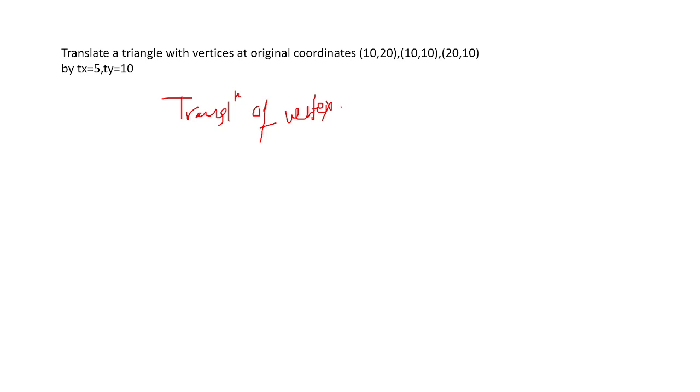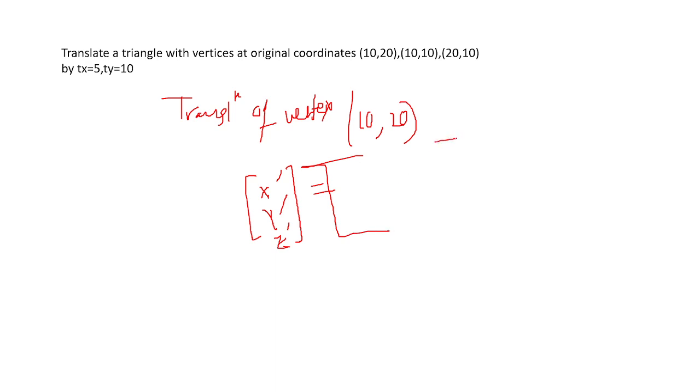So the translation of vertex 10, 20. If we denote as x dash, y dash, and z dash, then we need to write that transformation matrix, right?